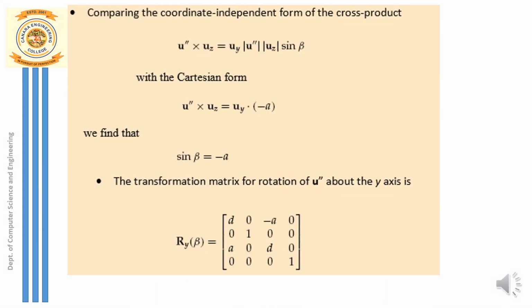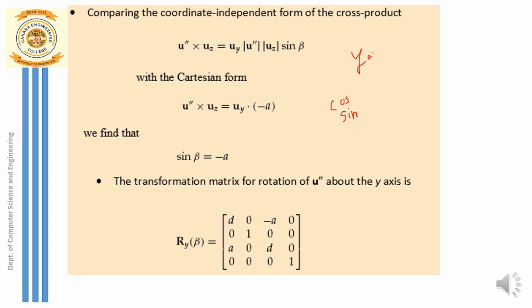Let us discuss now how the rotation matrix can be written. We have already derived the values for cosine of angle beta and sine of angle beta. Remember, this is the rotation matrix that we are writing for rotation along the y axis.